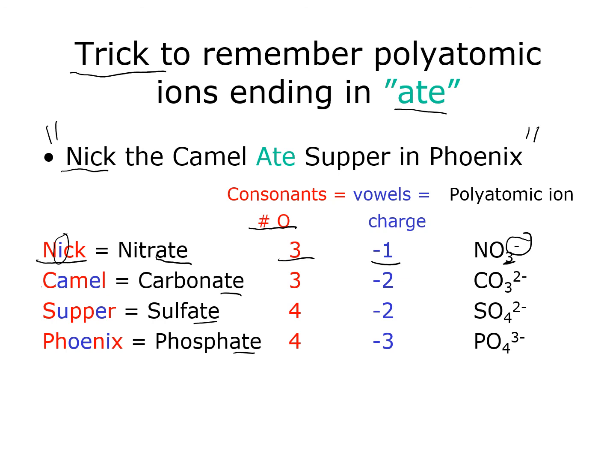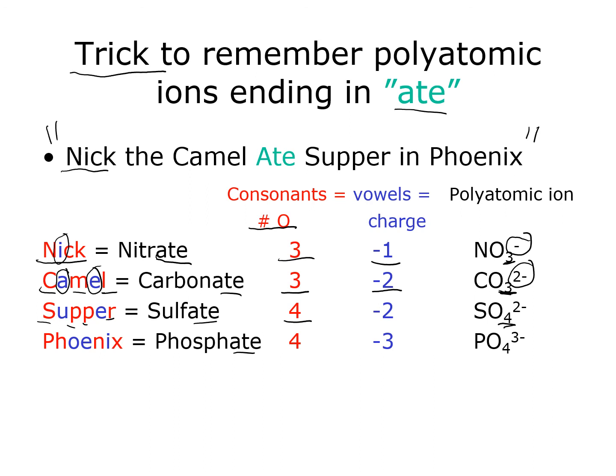Camel has 3 consonants as well, so it means it has 3 oxygens in its polyatomic ion. It has 2 vowels in blue, so the charge is going to be a -2. All these charges are negative, so carbonate has a -2. Supper, we have 4 consonants, so that means we have 4 oxygens as my subscript.